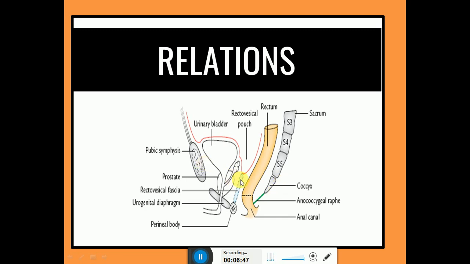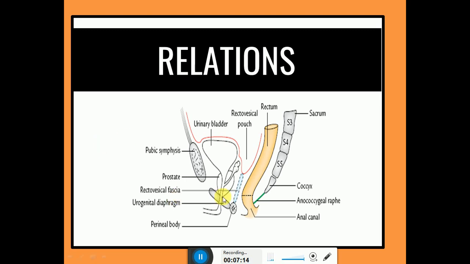Now this portion is the anal canal. Anterior to the anal canal, what is present is the perineal body and urethra in case of males. Along with this, one more structure is present in case of females, as we have already seen in the dissected part, that is the vagina.